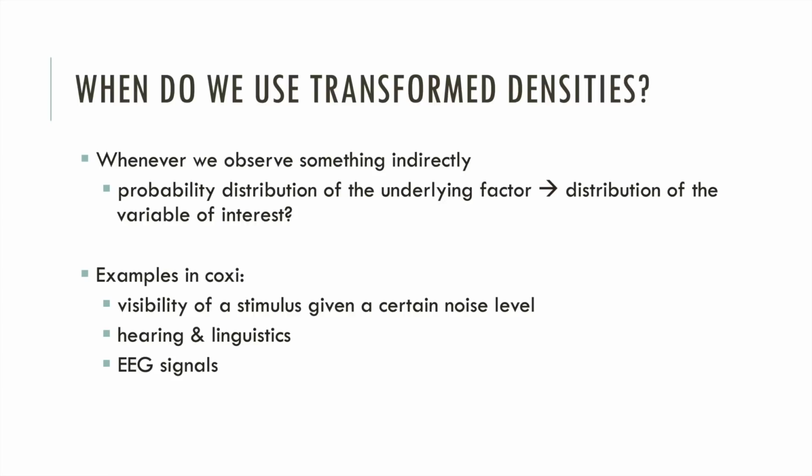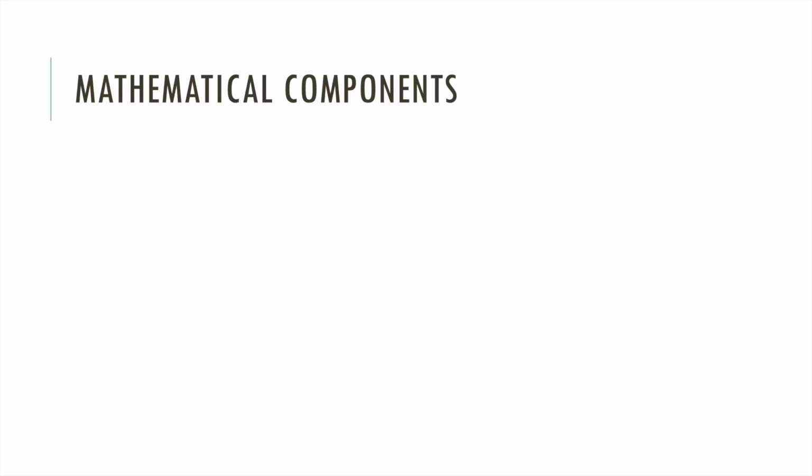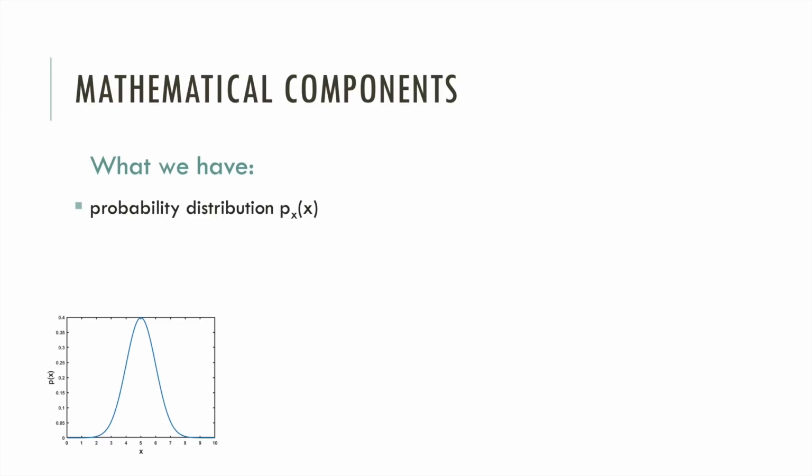Same goes for hearing and linguistics, or EEG signals. So our experiment outputs a random array of information, and we try to make sense of that information based off of the variable that is of interest. On to the mathematical components. What we have is the probability distribution p_x of x. An example of this would be the amount of rain over a given time period.